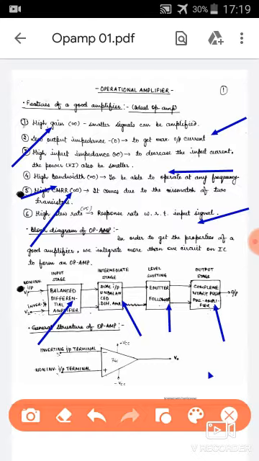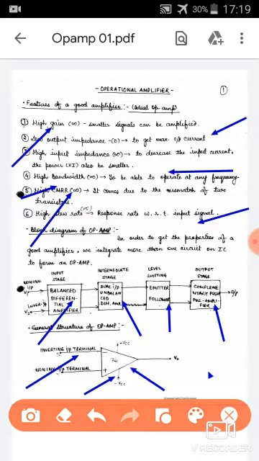Now we have to study the basic or general structure of op-amp. This is the basic structure. It has two input terminals. One is the inverting input terminal, which is denoted by a negative sign, and the other one is the non-inverting input, which is denoted by a positive sign.